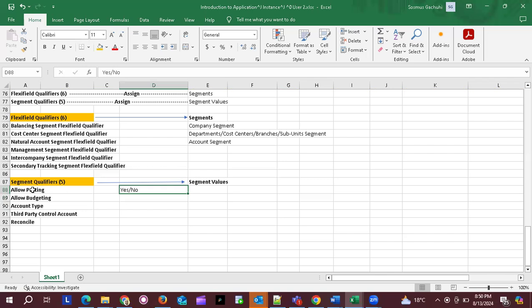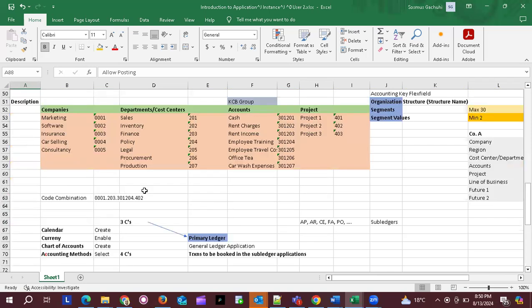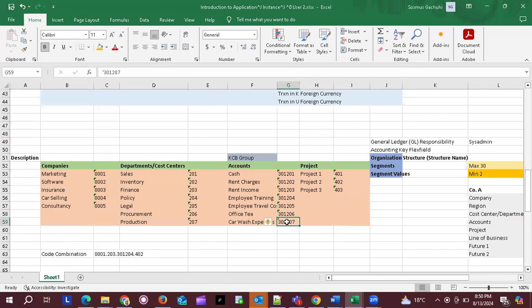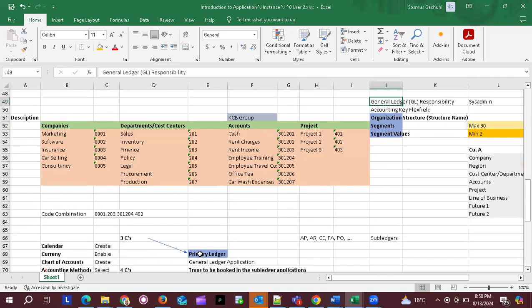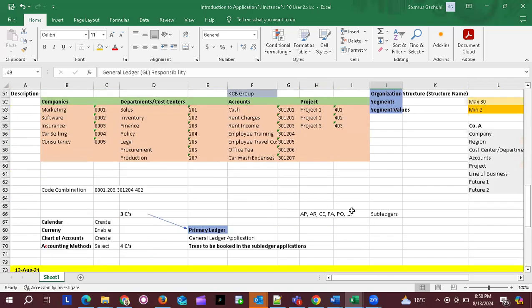Also, for instance, if you allow posting, when you talk about posting, it's posting in the GL. We usually come up with this account in GL. And I talked about how, once we do the transaction in the subledger, we have to send that information to the general ledger application for report purposes.